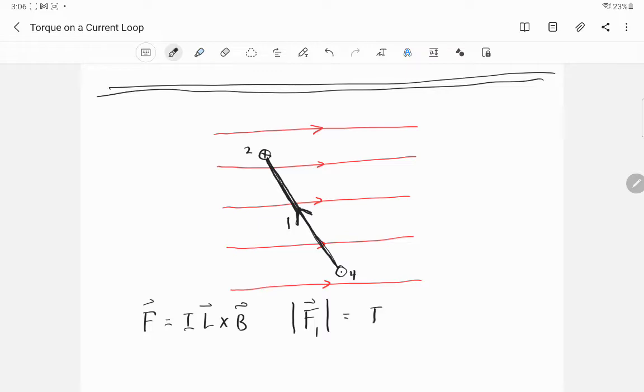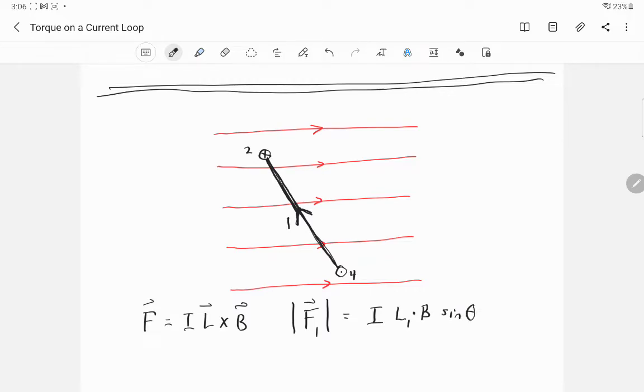It's equal to the current, which is just a positive number, and then L cross B. If you do L cross B, you get the length of side 1 times the magnetic field. I'm going to take away the vector symbols and just talk about magnitudes. And then we have the sine of the angle between those directions.